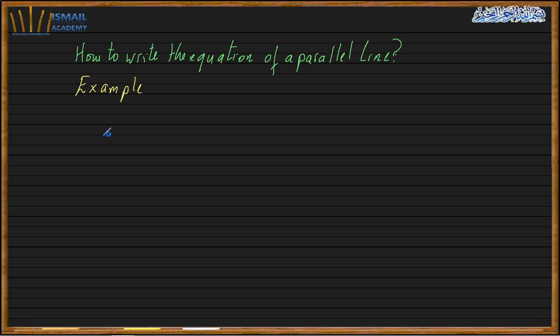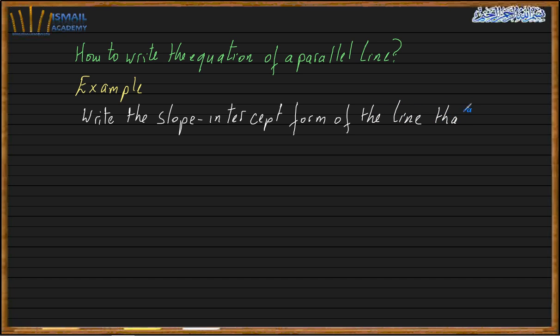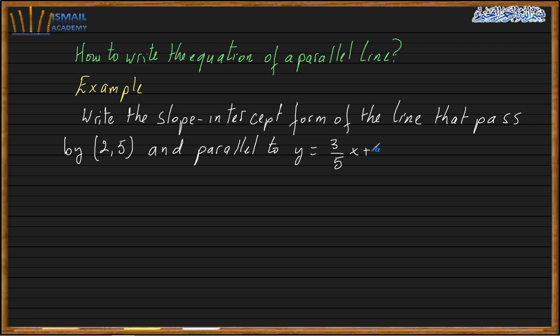Suppose they told us to write the slope-intercept form of the line that passes through the point (2, 5) and is parallel to the line y = 3/5 x - 4.